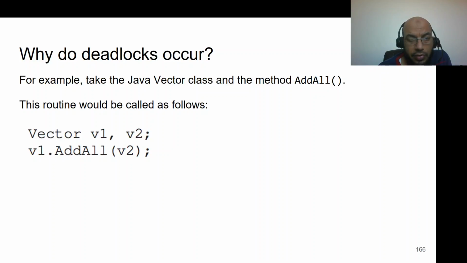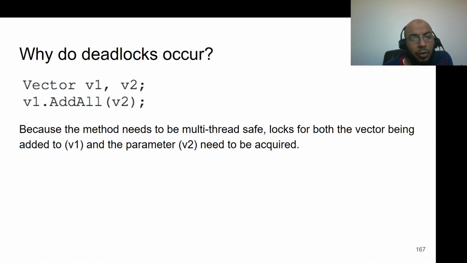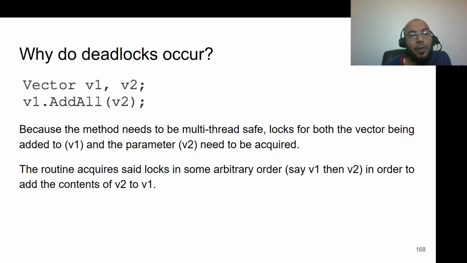So take for example the Java vector class and the method add_all. This is a way to add everything in v2 to v1. The method needs to be multi-thread safe, because you're going to add multiple elements in a vector together. Locks for both the vector being added to, v1, and the parameter v2 need to be acquired. The routine acquires the locks in some arbitrary order.